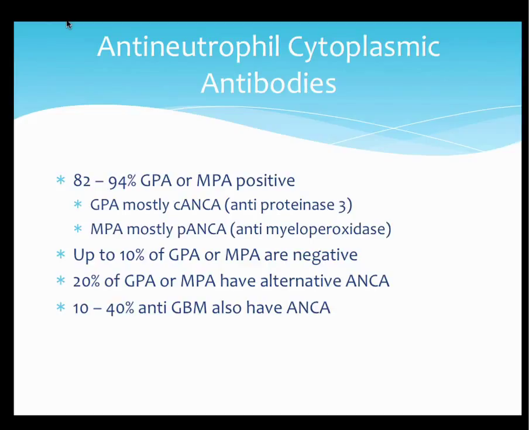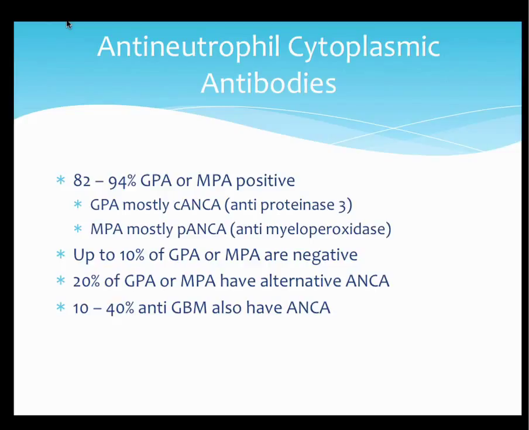Granulomatosis with polyangiitis used to be called Wegener's syndrome, so occasionally you will see that in the literature. The GPA is mostly associated with the C ANCA pattern due to the presence of antiproteinase 3, while the MPA is mostly due to the P ANCA pattern due to the presence of anti-myeloperoxidase.